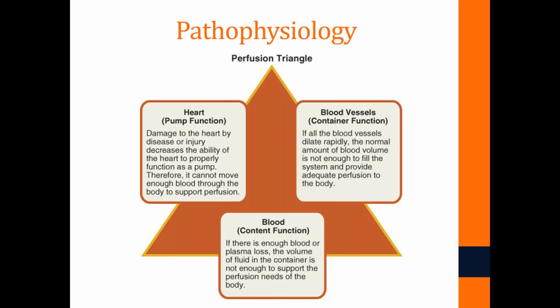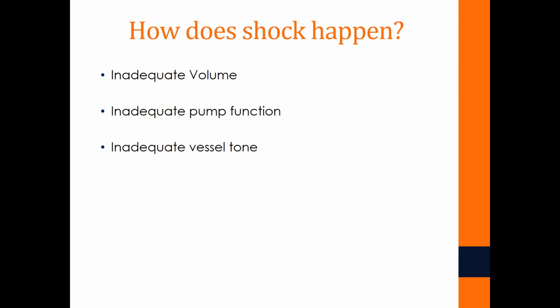Because for one reason or another, our body is unable to maintain the pressure in the system necessary to perfuse the rest of the organs. It could be a heart problem, it could be a container problem, it could be a content problem. It really just is on us to figure out what's going on and what we can do to fix it.